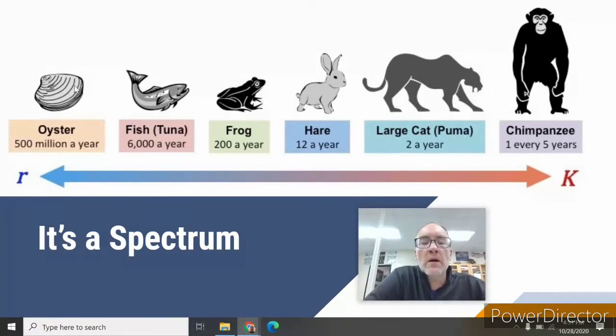Some species have very high reproductive rates, like some plants produce lots of seeds, some don't. Things like oysters here can produce 500 million offspring a year with zero parental care. They're just broadcasting those out. And you can see there's a continuum here, fish, frogs, hare, large cat, and then we have a chimpanzee on the other end of the spectrum.